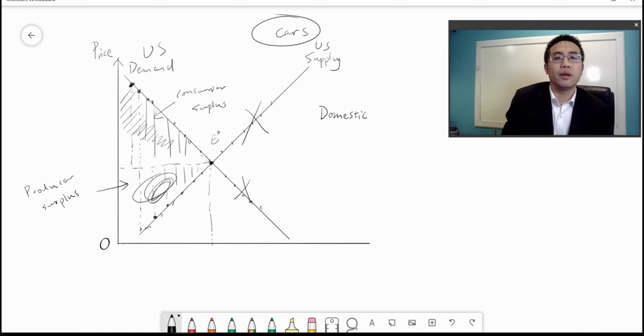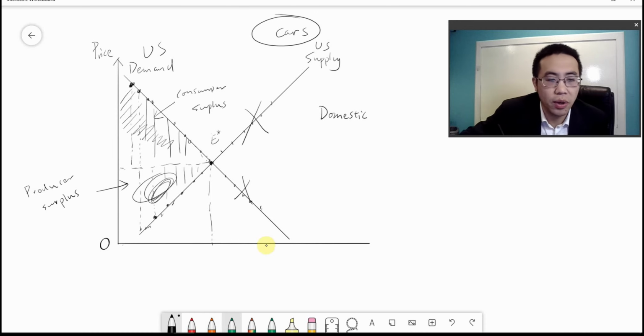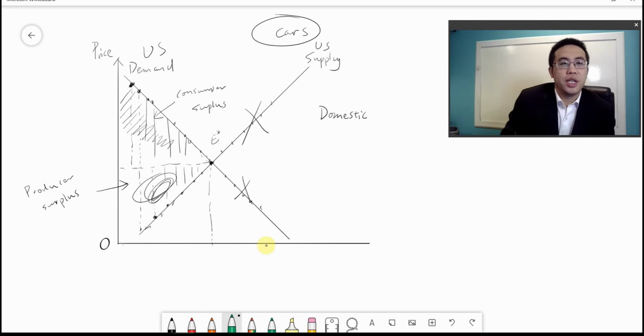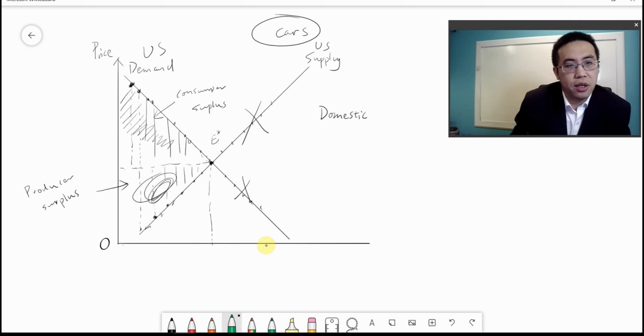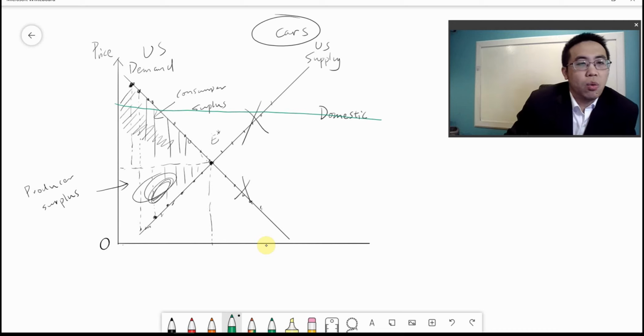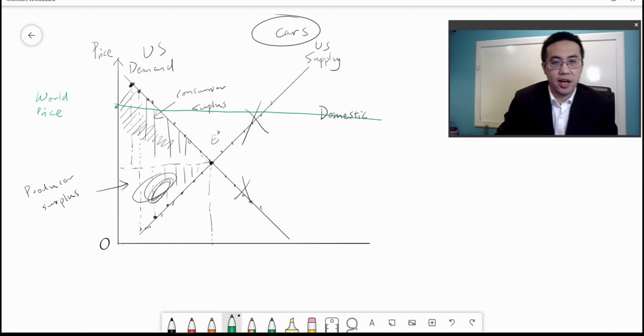Now let's see what happens if the country is facing international competition. This is a world price. The US has just opened itself to the rest of the world, but the world price is higher than the price in the United States. You see, this is the US price, and here is the world price.